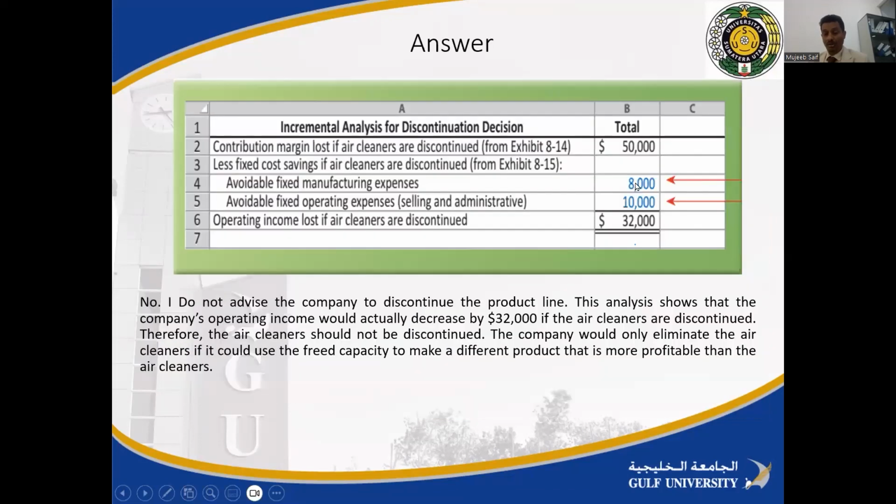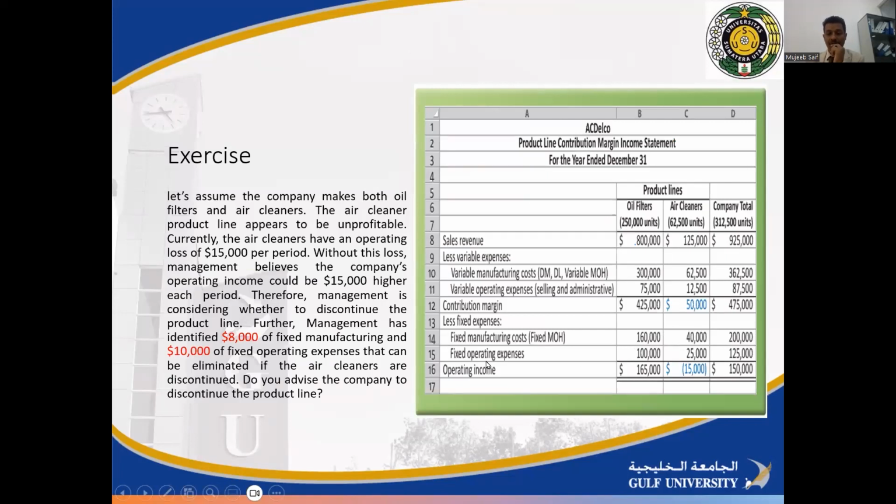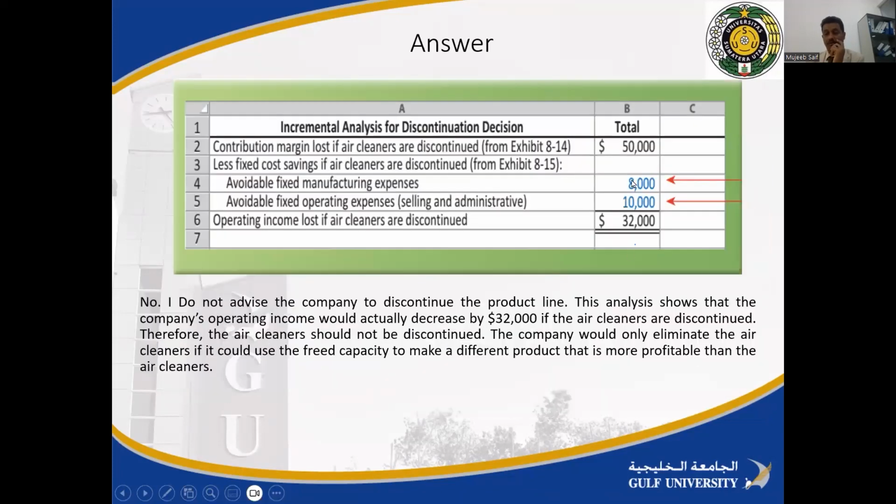So if I close this line, I will save 8,000 of this amount, the cost that I will save. Regarding fixed operating expenses, here 25,000 for the air cleaner production line. If I close this line, I will save a cost here of 10,000, right? So if I close, I will save this amount.